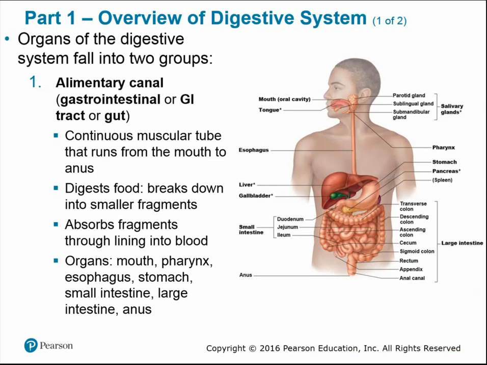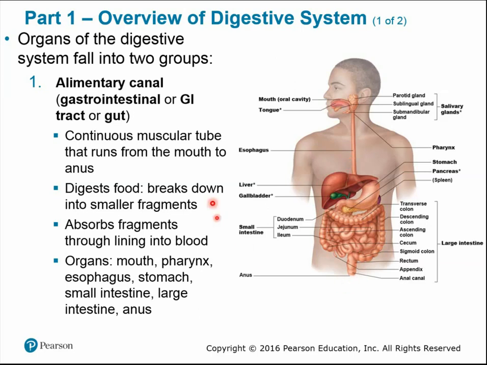So organs of the digestive system fall into two major groups. So we have the alimentary canal, which is basically the gastrointestinal or GI tract, or sometimes just referred to as the gut. So it's essentially just a long, continuous muscular tube that's going to run all the way from the mouth through the stomach, intestines, and to the anus.